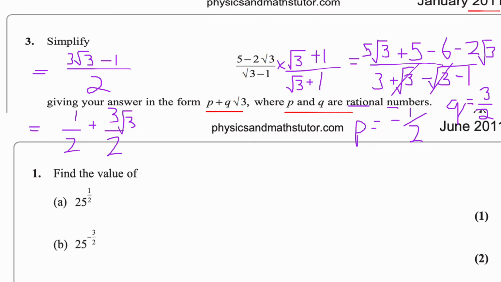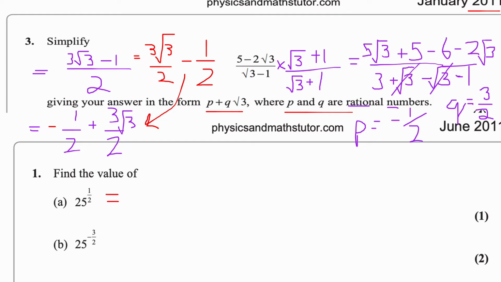I've just switched it up here by saying I've got 3 root 3 over 2 minus a half, and I've just switched that round to make it in the form that it asks me in the question, which is going to be p plus q root 3.